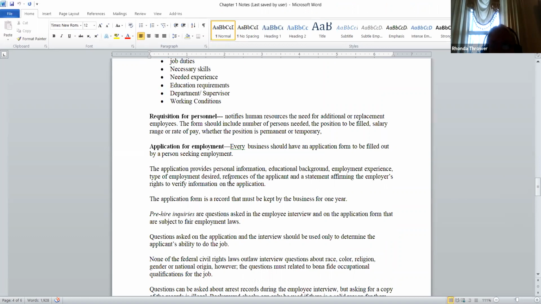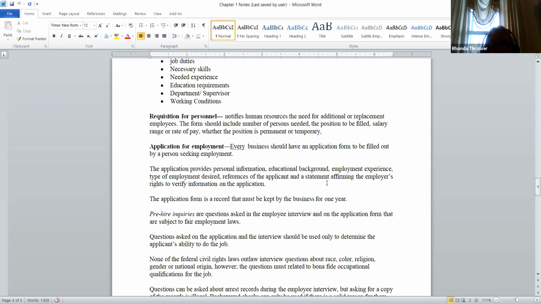And you probably know that on an application, they ask you for personal information, educational background, employment experience, and the type of position that you are wanting to apply for. Some of them have places where you can record references on the applications.